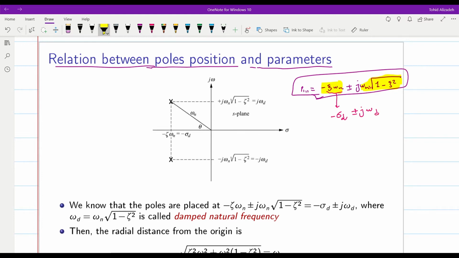The omega d is called the damped natural frequency. So we can say that the poles of the second order system are located at minus sigma d plus minus j omega d.